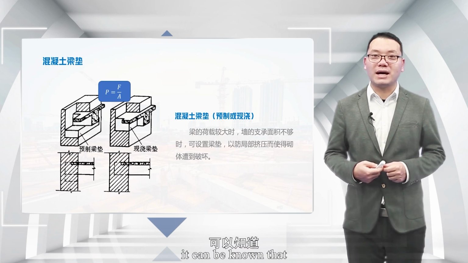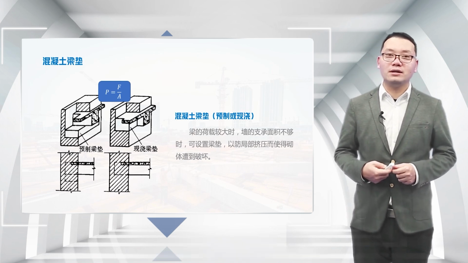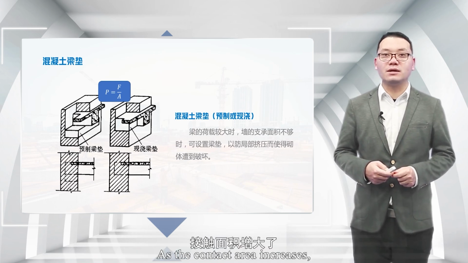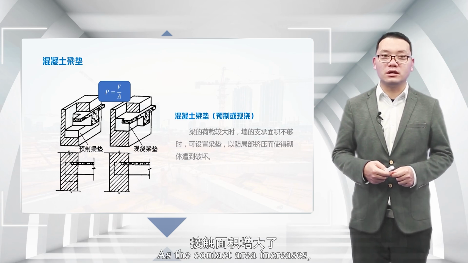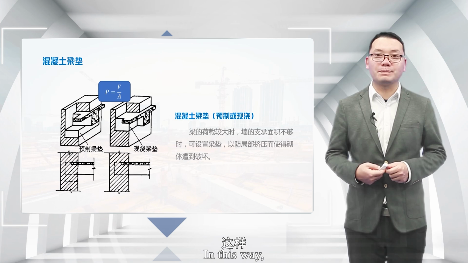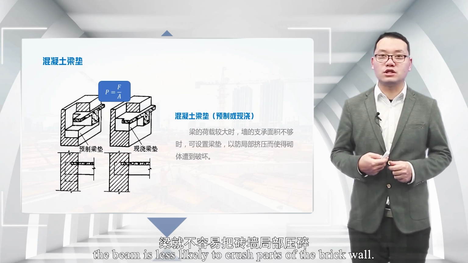Through the formula, it can be known that the average pressure per unit area is equal to the force divided by the contact area. As the contact area increases, the average pressure per unit area decreases. In this way, the beam is less likely to crush parts of the brick wall.